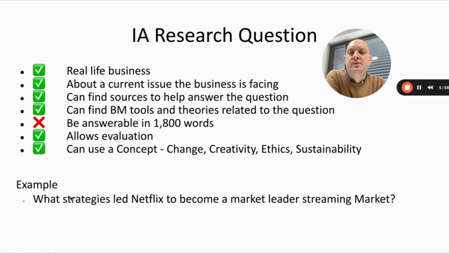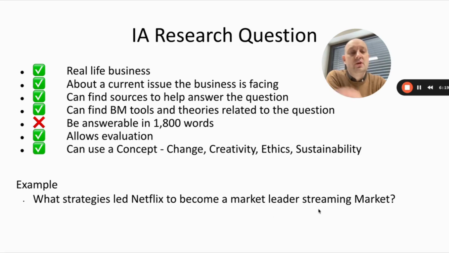So here are some examples. What strategies led Netflix to become a market leader in the streaming market? Now you can see it satisfies 6 of those criteria, in my opinion, but I don't think this is answerable in 1,800 words. This is such a big question. There's so much to talk about that you'd want to narrow this down.